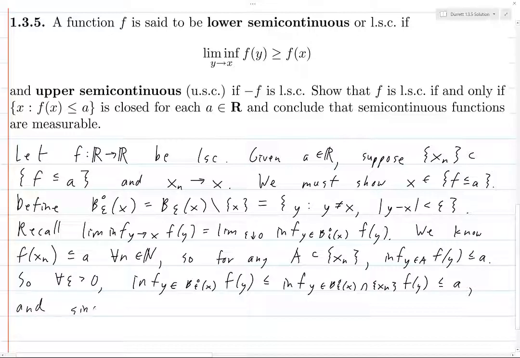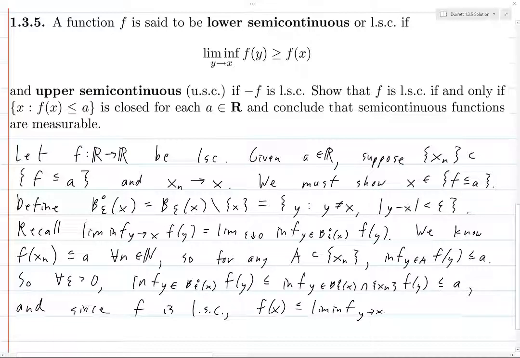And since f is lower semi-continuous, we know that f(x), by definition, is less than or equal to the lim inf as y goes to x of f(y). I actually skipped a step, but I'll be able to combine it into here.